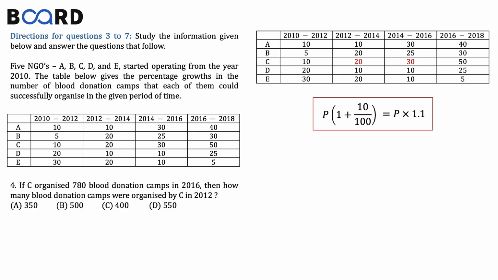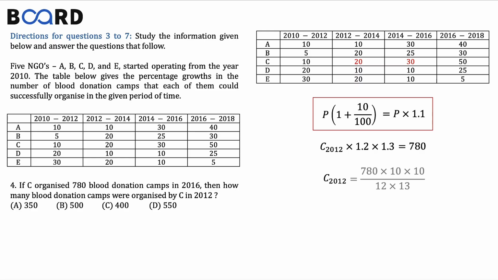If we know this, then we know very well that whatever was the value of C in 2012, if it's increased by 20% and 30% successively, it must have multiplied by 1.2 and 1.3. After multiplying, it became 780. Right? So we just have to figure out the value of C in 2012 from this, nothing else.